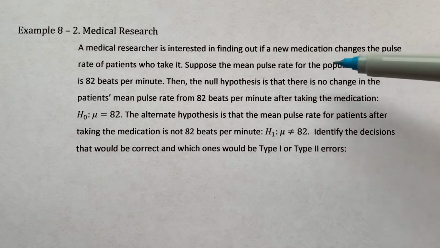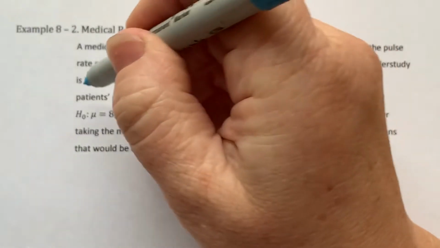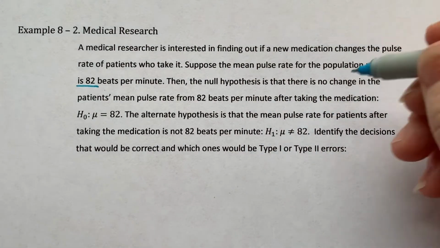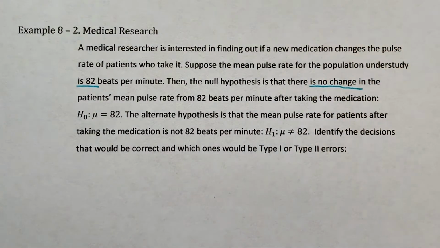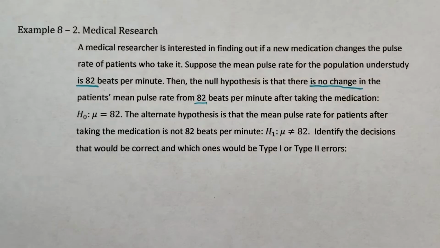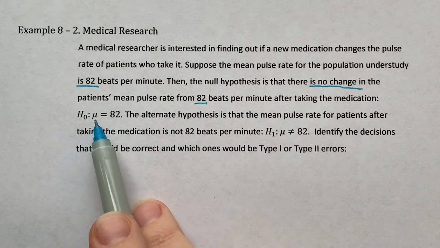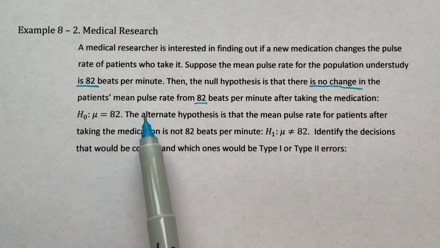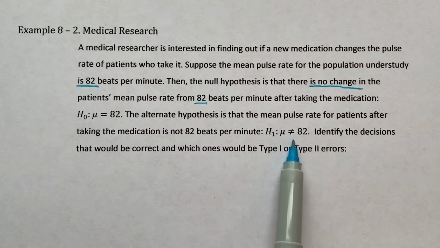Suppose the mean pulse rate for the population under study is 82 beats per minute, BPM, and that the null hypothesis is that there is no change. Remember, the null is always the status quo in the patient's mean pulse rate from this value. So our null is that the mean mu is 82. The alternate is that it's not 82.